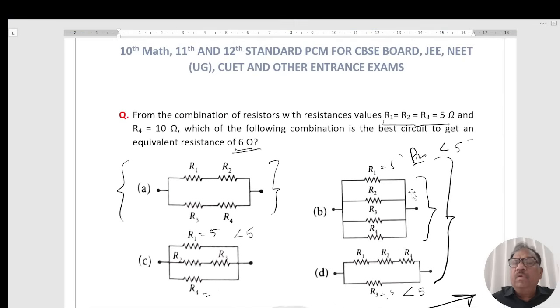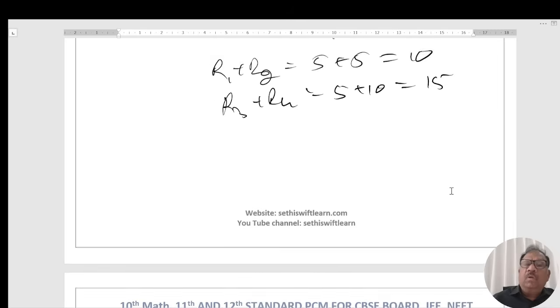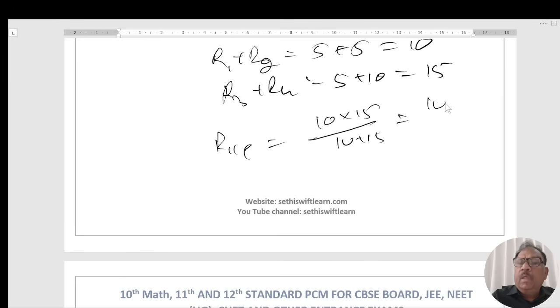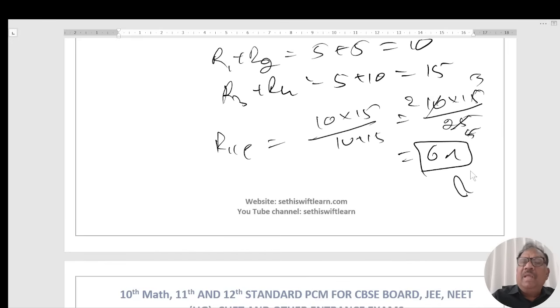Then R parallel equivalent will be product upon sum, 10 into 15 divided by 10 plus 15. We get 6 ohm.